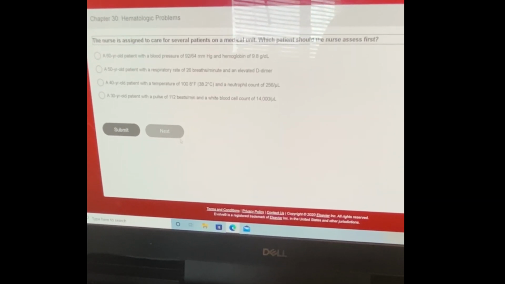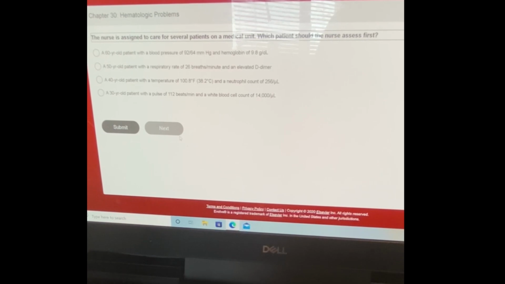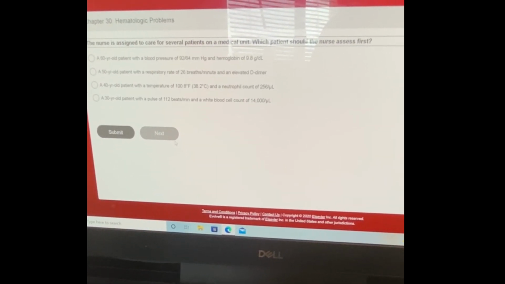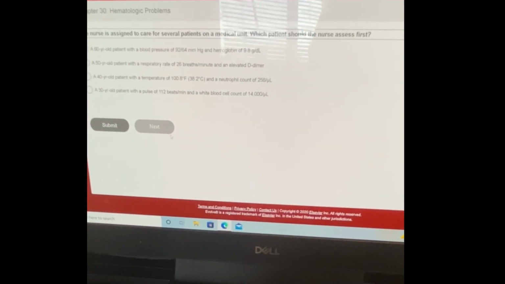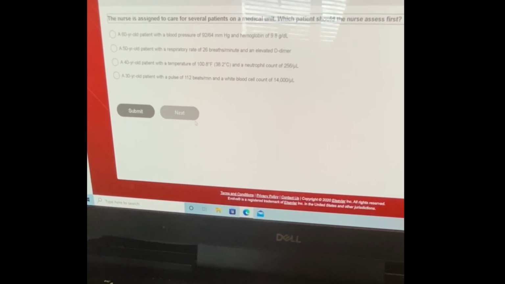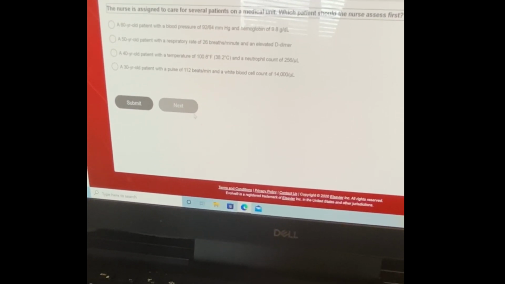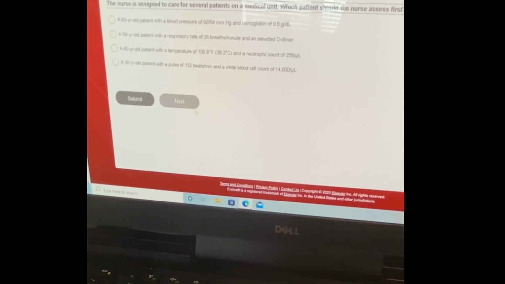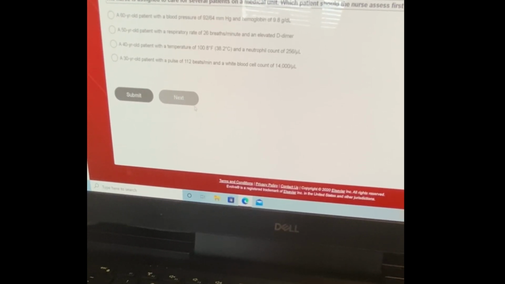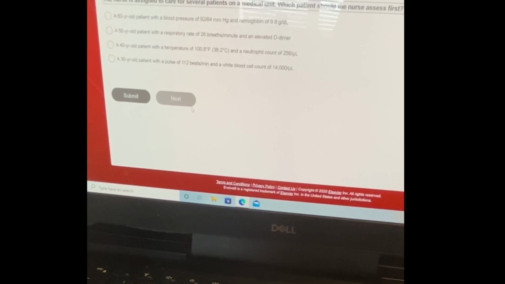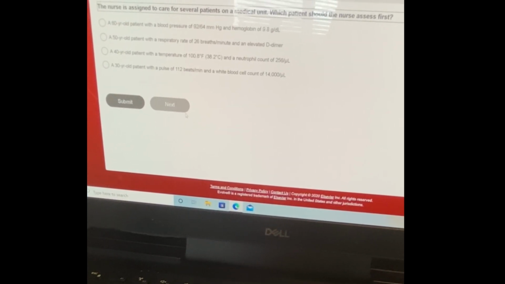A 50-year-old patient with a respiratory rate of 26 breaths a minute and an elevated D-dimer. A 40-year-old patient with a temperature of 100.8. Okay, so that temperature, that's not a fever. A 30-year-old patient with a pulse of 112 beats a minute.